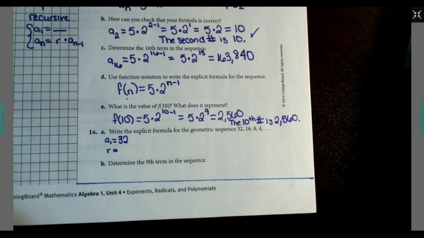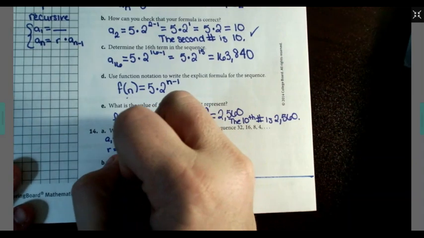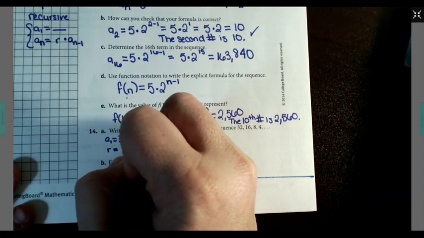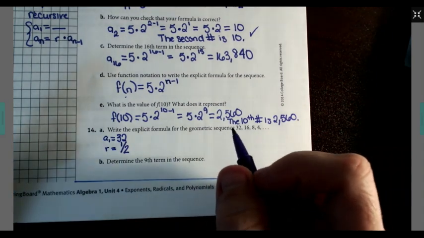How do I go from 32 to 16, 16 to 8, 8 to 4? Dividing by 2 or multiplying by 1/2. So my common ratio is half.